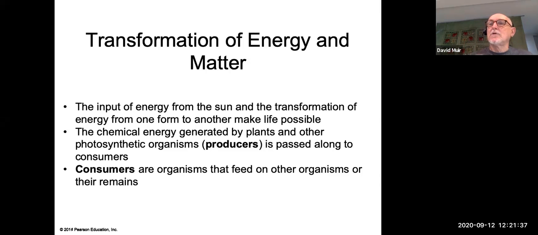We take those molecules and we change them over and over and over again in all sorts of different ways. We don't just leave those molecules as they were. We transform them, and every time those transformations take place, that requires energy. That energy is derived from the chemical bonds. But every time we do that, we lose energy. We radiate some heat out.